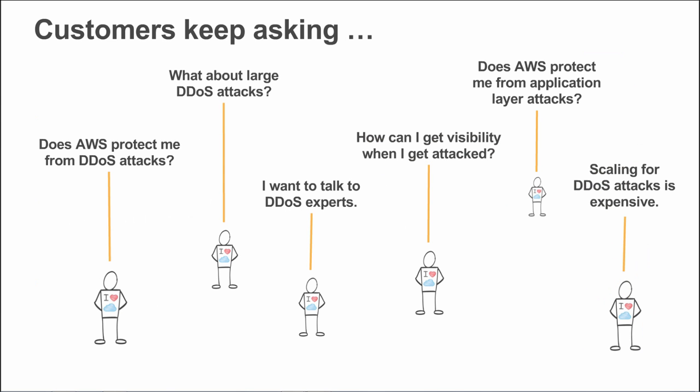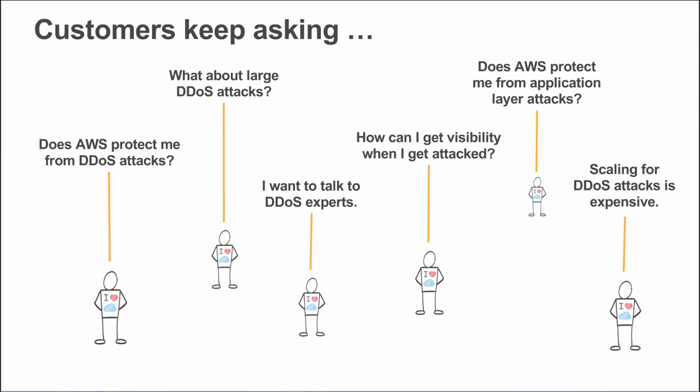But even though we had these protections and we've even had white papers that discuss these protections, customers still kept asking us a lot of questions. One of the most popular questions is, does AWS protect me from DDoS attacks? Because they were unsure that AWS did something in this area.